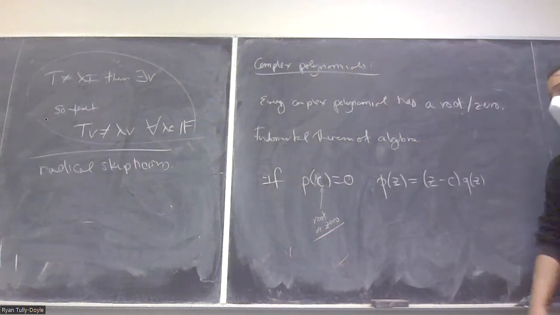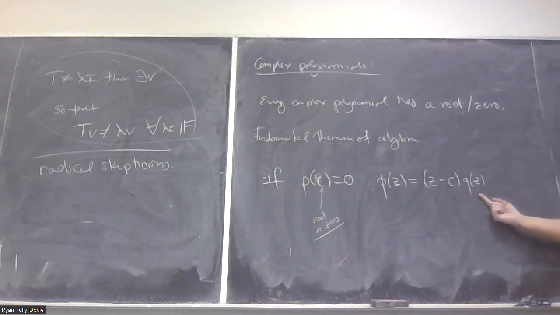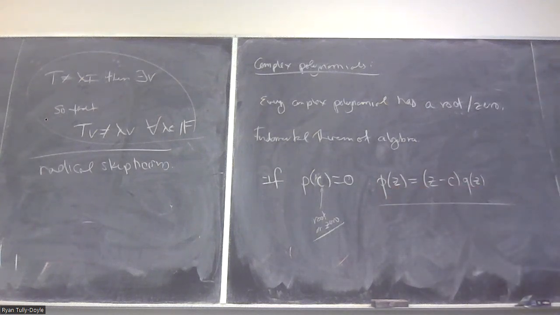But how does that actually imply that every polynomial can be factored into linear terms? Well, you do it once and, hey, guess what? That's a complex polynomial, so it has a root, so you can factor it, and you just keep going. And if you combine that with the fact that polynomials are determined by their coefficients, every polynomial uniquely factors, up to order, up to arrangement. There's exactly one way to factor a polynomial into linear terms.